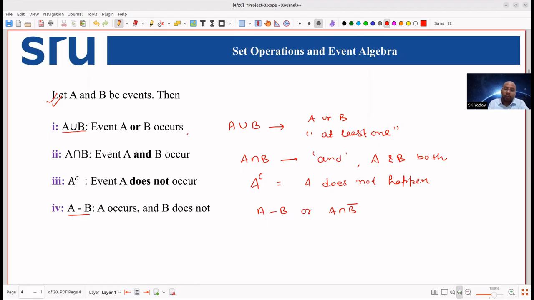That means A but not B. These are some common phrases used frequently in scenario-based problems, so you can easily identify the phrases in the problem.